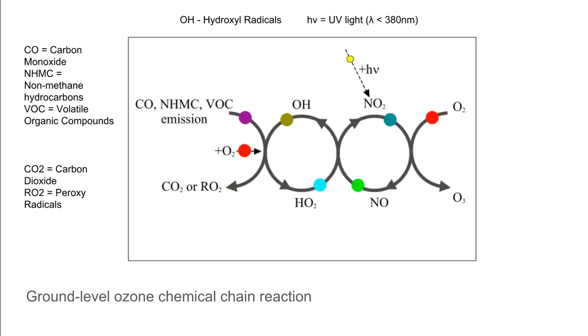So, to produce tropospheric ozone, you have to take certain groups of gases, volatile organic compounds, non-methane hydrocarbons, carbon monoxide, and combine them with hydroxyl radicals and so forth. And eventually, through the longer wavelength UV radiation, you can break apart those NOx gases to produce free oxygens, which then combine with O2 to produce ozone.